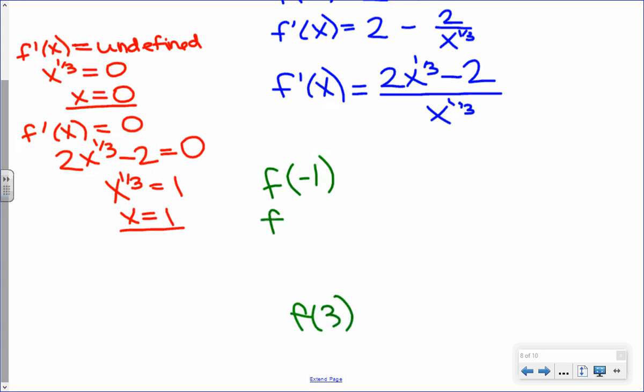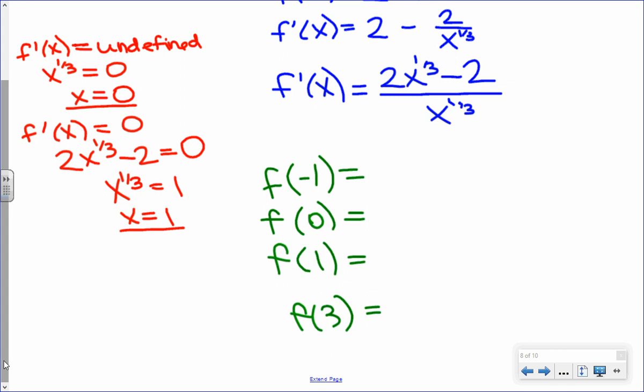And we need to figure out what our function value is at both of our critical numbers. All right, so I'm going to give you a moment to plug those numbers into the original function. Go ahead and take a moment to plug those in, please.